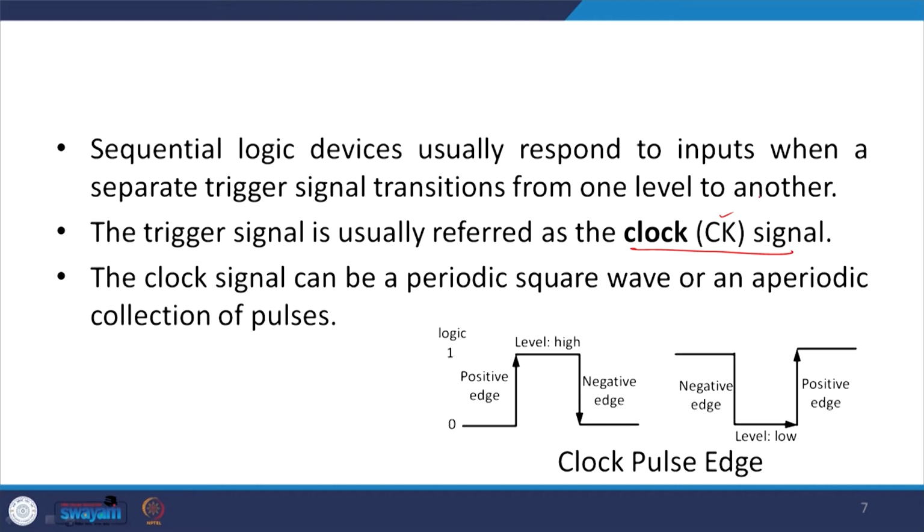The clock signal can be a periodic square wave or an aperiodic collection of pulses, and these clock pulses could be a positive edge when it goes from 0 to 1, or low to high, or it could be a negative edge when it goes from 1 to 0. So, it could be this way or it could be this way.